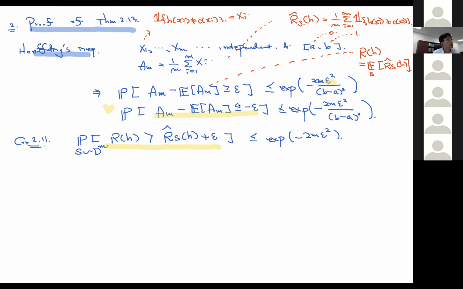We strengthen it by replacing less than or equal by less than. Then because b is equal to 1 and a is equal to 0, we get exactly this. So, based on the correspondence I just explained, this is just an instance of Hoeffding's inequality.